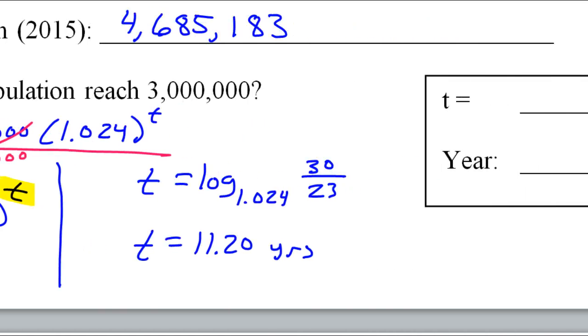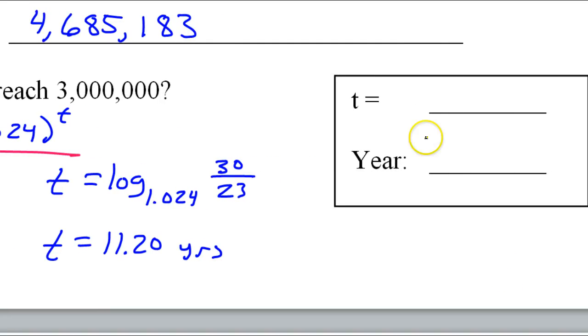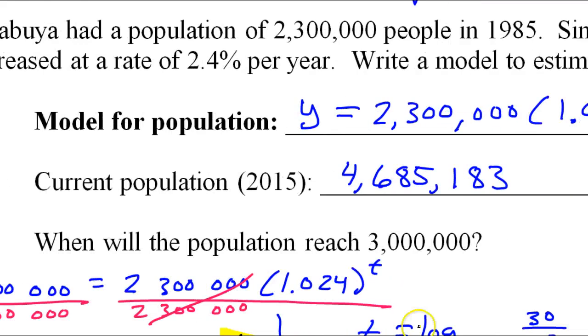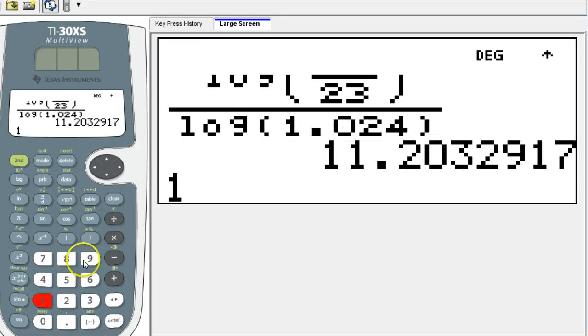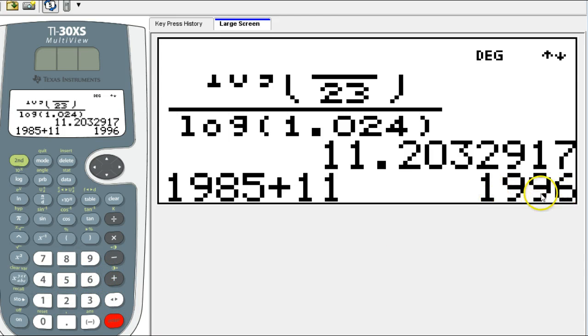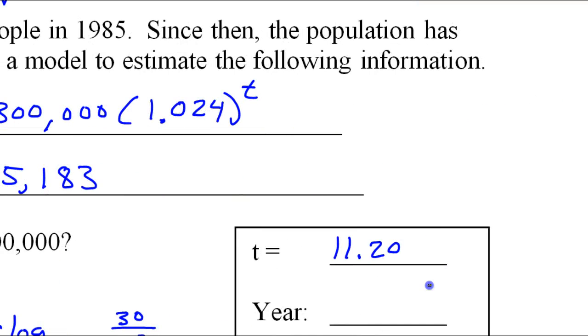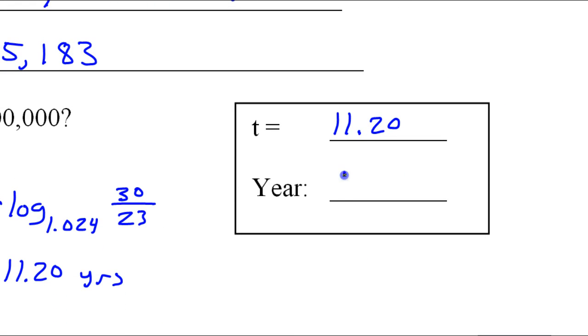So a little bit over 11 years. Okay, so 11 years after 1985, which is when this all began. Alright, so 1985. Okay, we're talking about 1996. Okay, so a little ways into 1996 is when the population would hit 3 million.